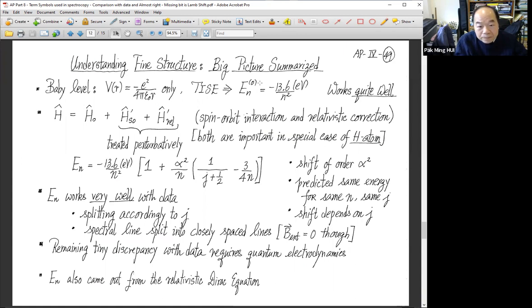Last term, quantitatively, you got that. This term, we work out the form of this and take them as perturbation. We know how to do the integral, and this is the answer. And it is just off by the Lamb shift. That is beyond the theory scope.